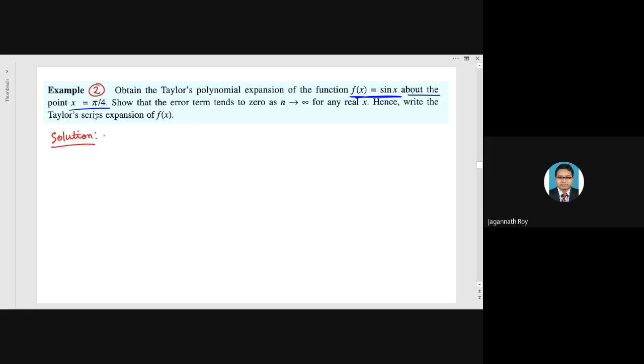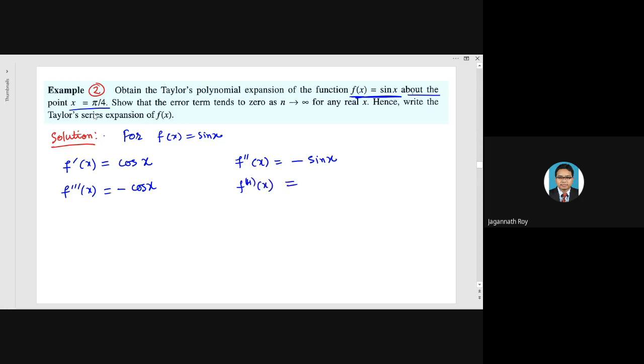Okay. So let us write down, for f(x) equals sin x, what we get? f dash of x is cosine x, f double dash of x we get minus sin x. f triple dash of x, what we get? Minus cosine x. f fourth dash x, what we get? Plus sin x.